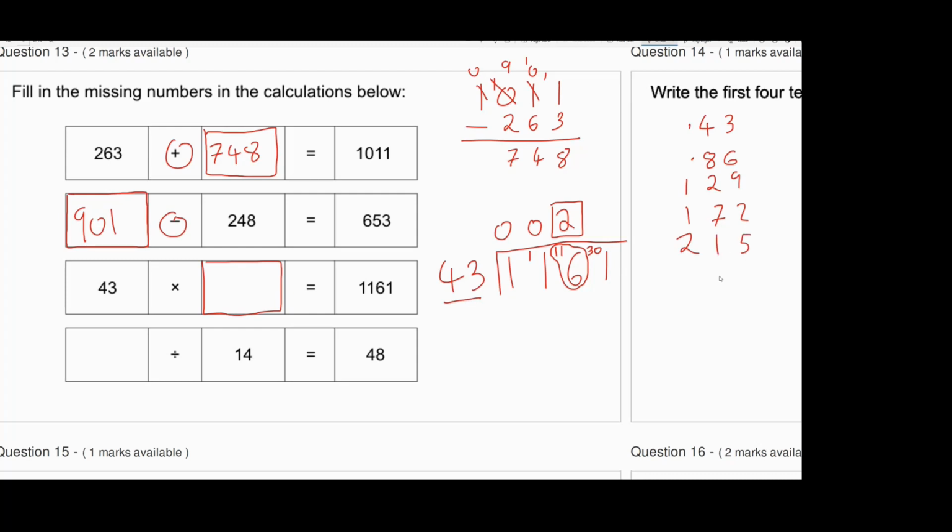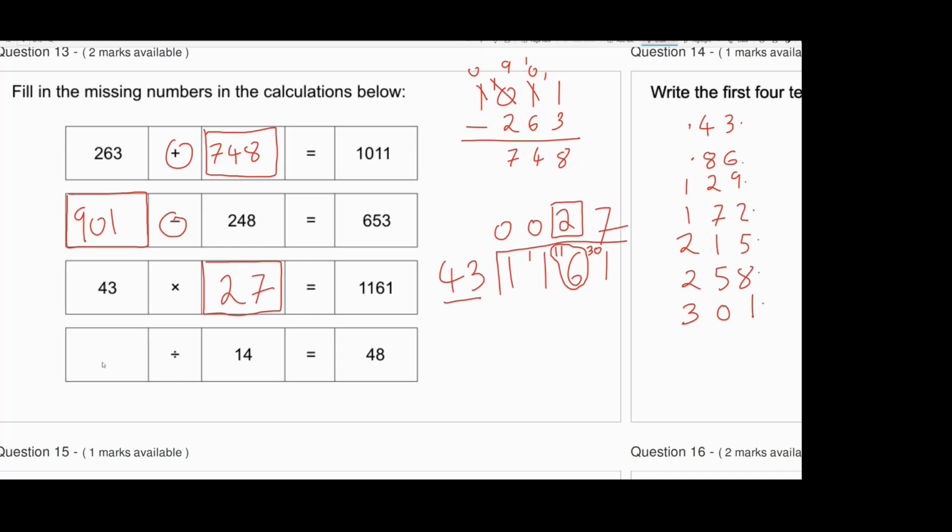Plus 43, that is 258. Plus 43 again is 301. Right, okay, that's brilliant because that goes 1, 2, 3, 4, 5, 6, 7 times. So our answer there would be 27.